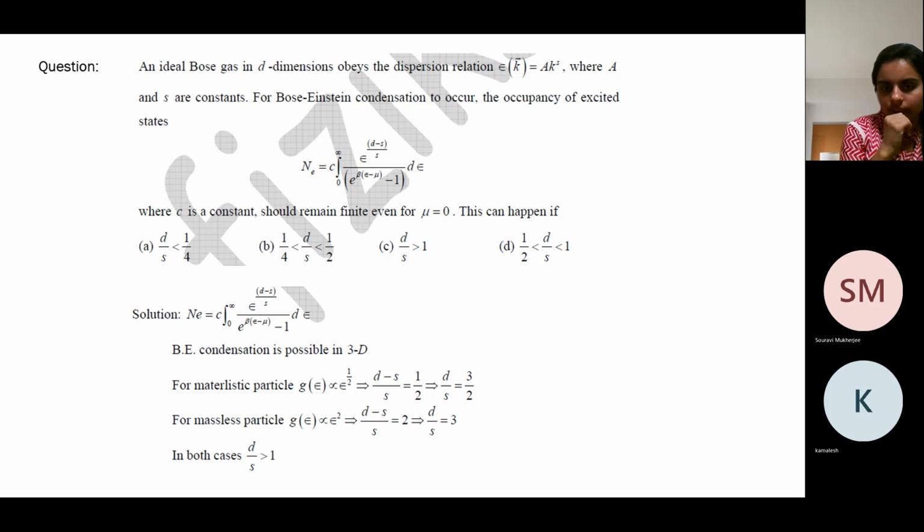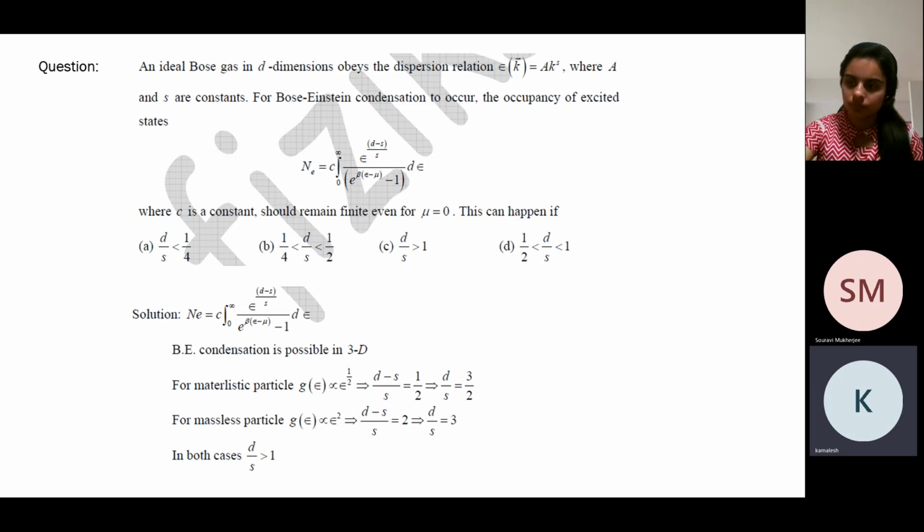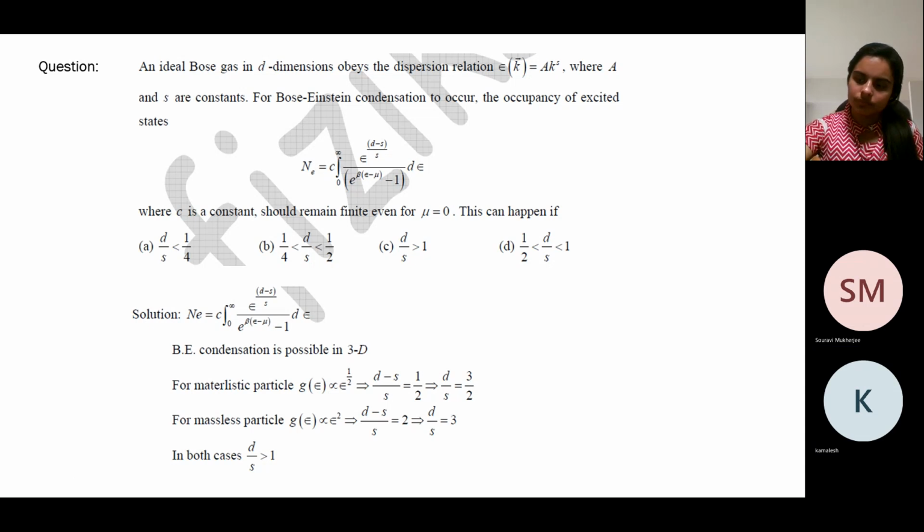So if you put the values there, you get epsilon square. So the density of states would be 4 pi epsilon square by c to the power 3 d epsilon. Right? So that means it goes as epsilon square, right?